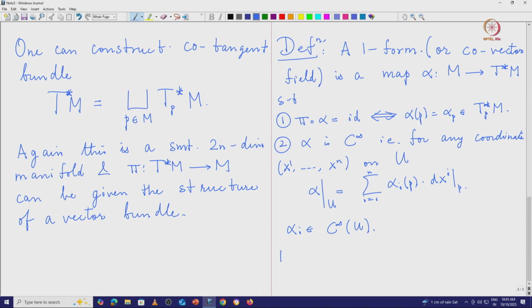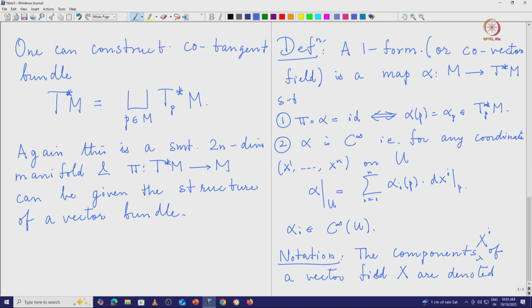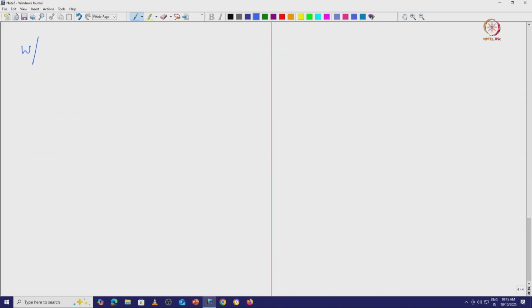So let me also say a word about the notation used. The components of a vector field, let's say x^i of a vector field X, are denoted with an upper superscript.